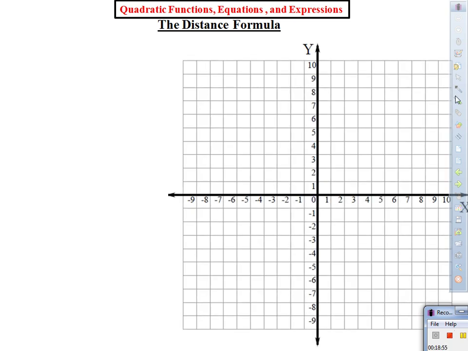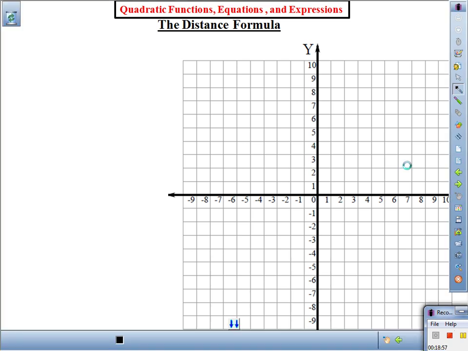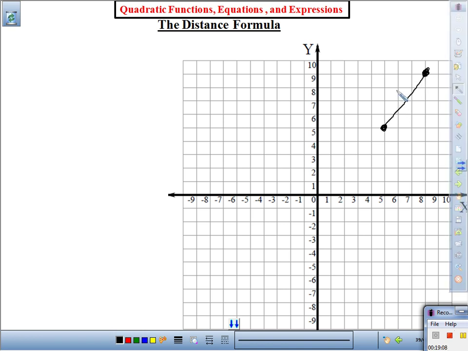If I was to say plot 2 points, and the points being 5, 5 and 8, 9. I want to find this distance. Well, we know by the work that we did on the prior one that we see a triangle. Do you guys see the triangle? What would we use?